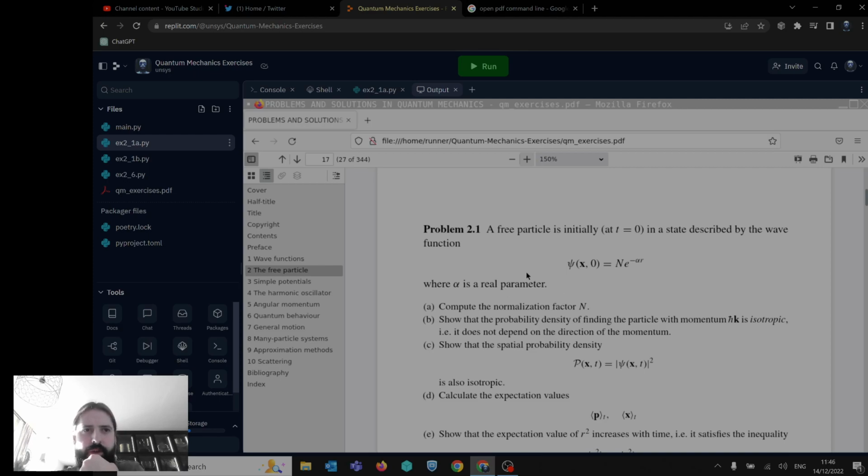I'm curious if ChatGPT would be able to solve the normalization factor n.